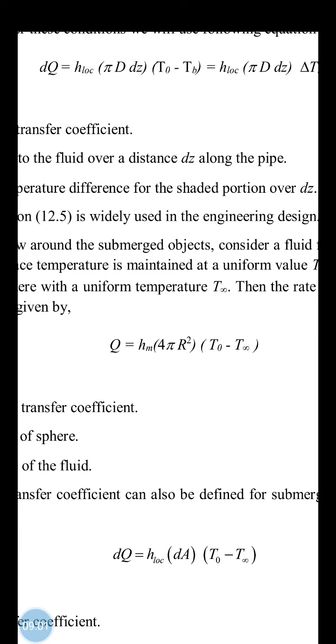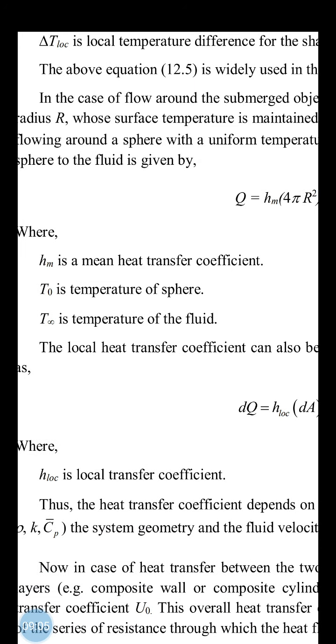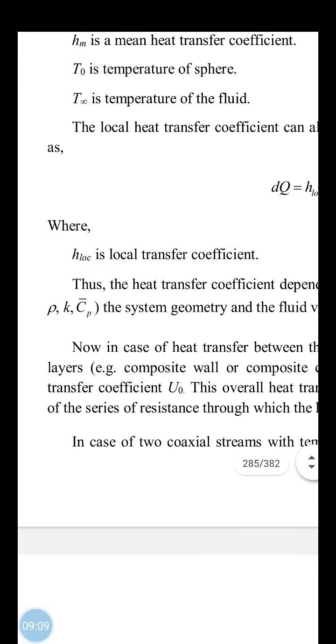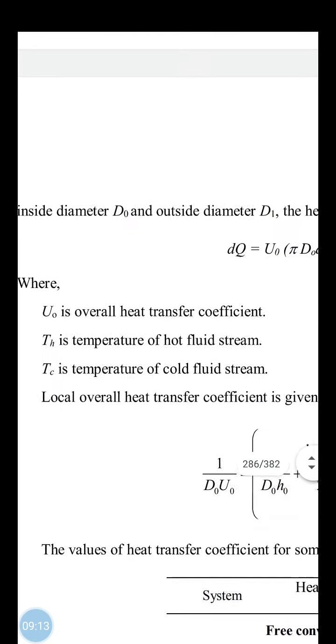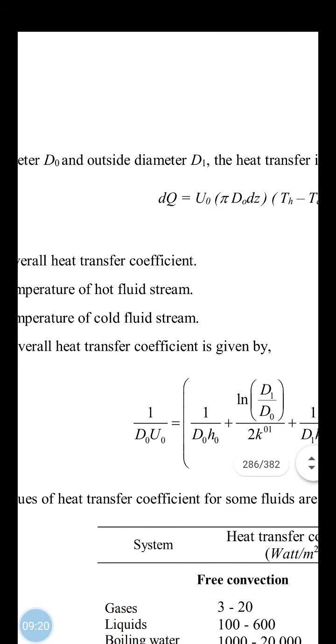T naught is the temperature of the surface and T infinity is the temperature of the fluid. So these are the different definitions of heat transfer coefficient which are used to find the heat transfer coefficient in various problems.